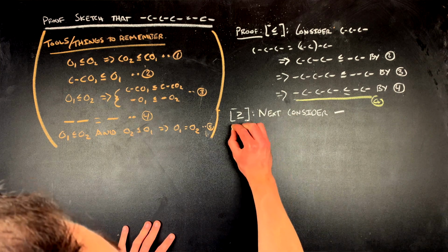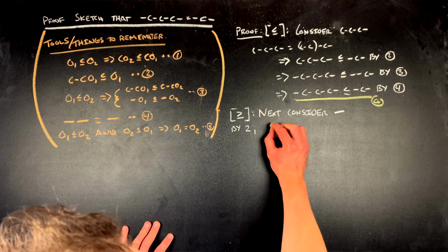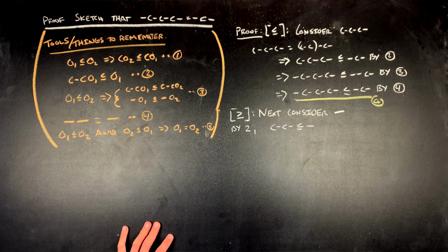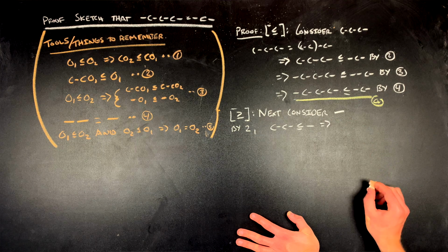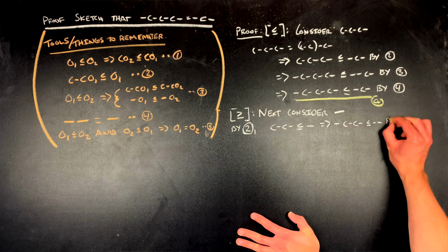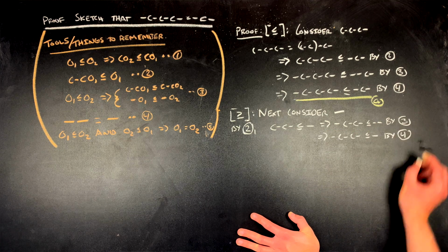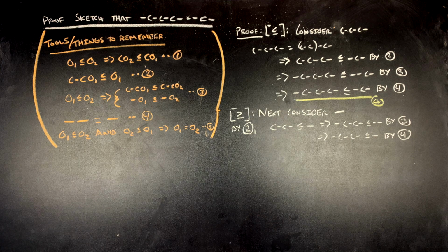Next, we're just going to consider the closure by itself, or bar. Then if we go ahead and apply the interior, we'll have C bar, which is less than or equal to bar. Further, since bar is idempotent and doesn't affect the sign, we have that bar C bar is less than or equal to bar, which equals bar.